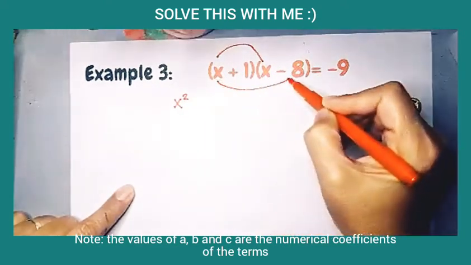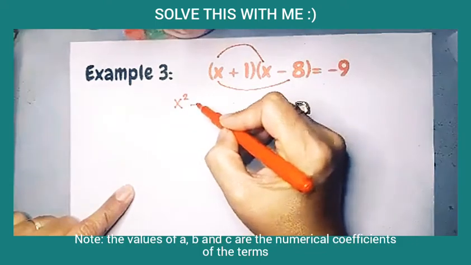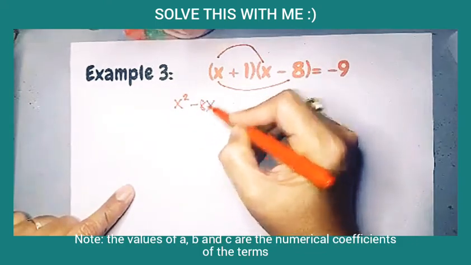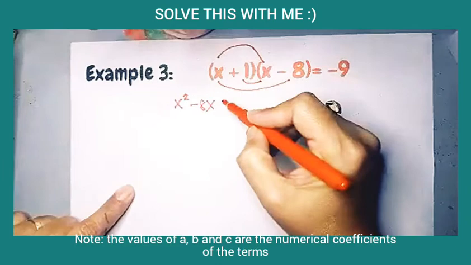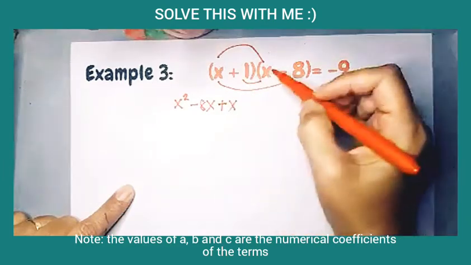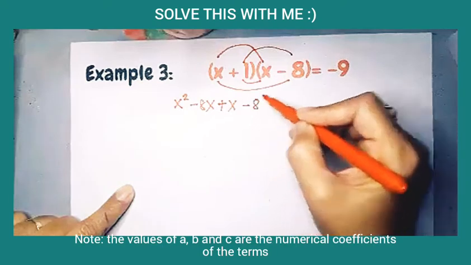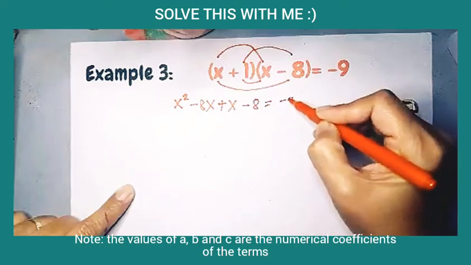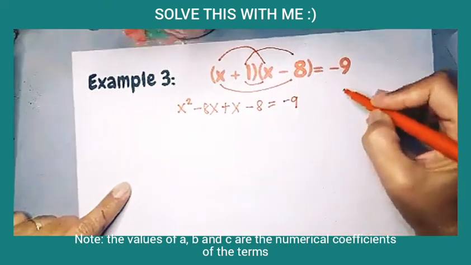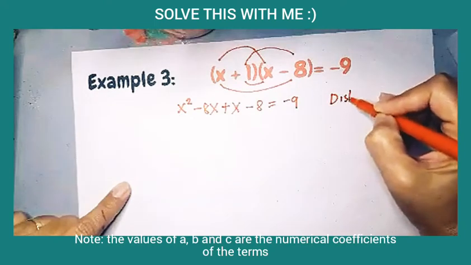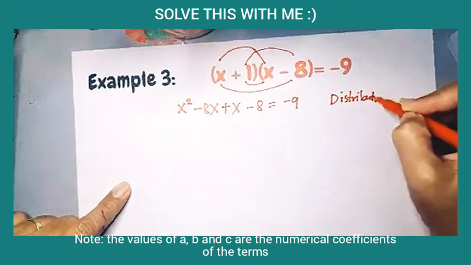X times negative 8 equals negative 8x. 1 times x is positive x, and then 1 times negative 8 is equal to negative 8 equals negative 9. So we use the distributive property.